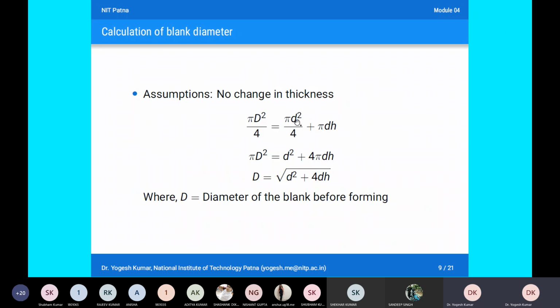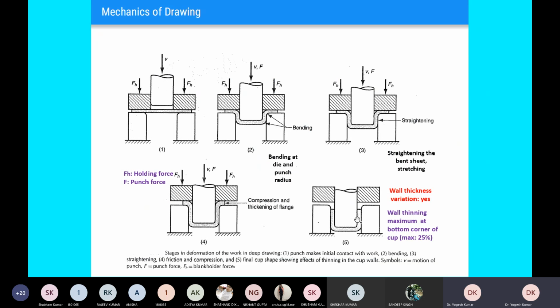We assume that the initial diameter of the blank is capital D, and the punch diameter is small d.